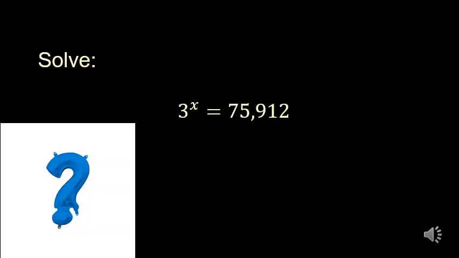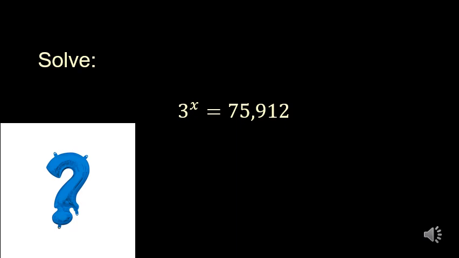So the next problem looks completely different, but it's actually the exact same thing. It says 3 to the x equals 75,912. And all we do to solve for x when you have an exponential function is just divide logs, exactly like we just got done doing. What I'll do on the next screen is I'll show you this is the log of 75,912 divided by the log 3.